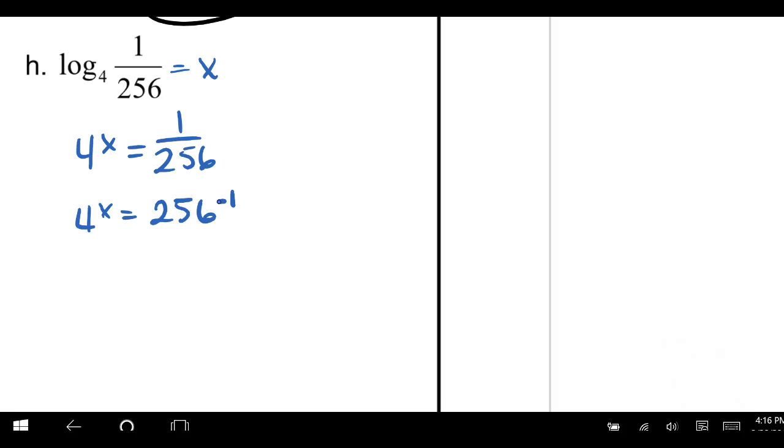Okay, and now we need to figure out, well, can we raise this to a power, or change this so that it has the base of 4, or are we going to have to use a different base? Well, let's try it.